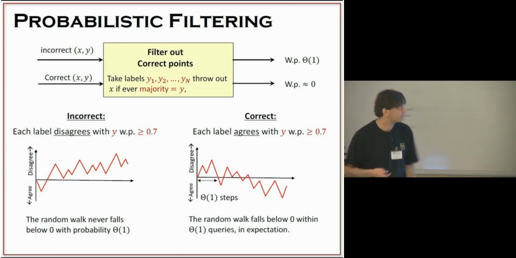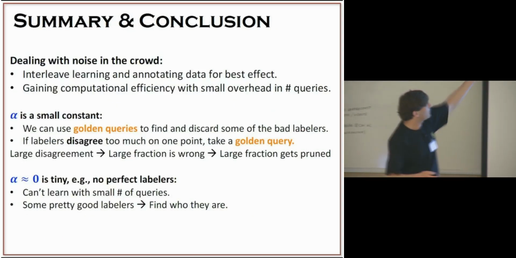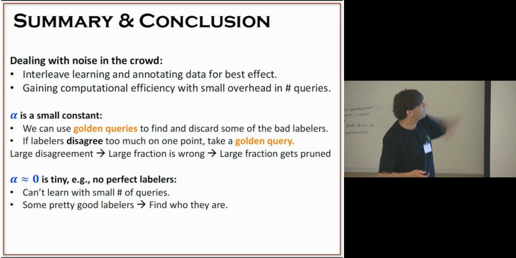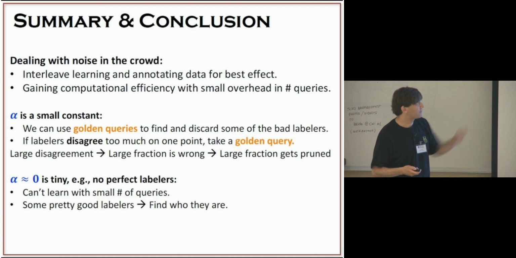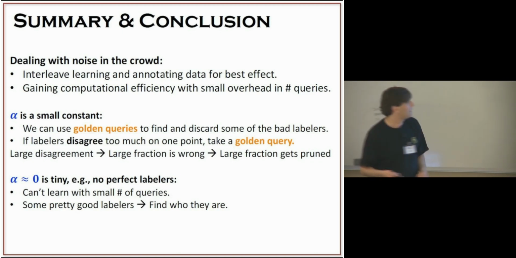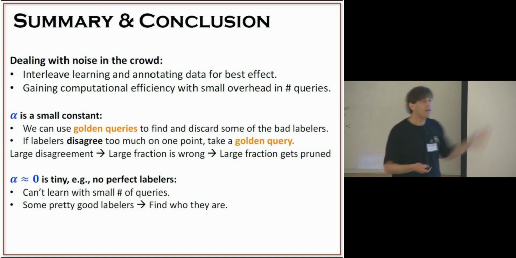So just to summarize, for dealing with noise in the crowd, we interleave learning and annotating data for best effect. We can get the computational efficiency of no-noise learning with a small overhead in the number of queries. If alpha is small, like say 30%, here's one trick.